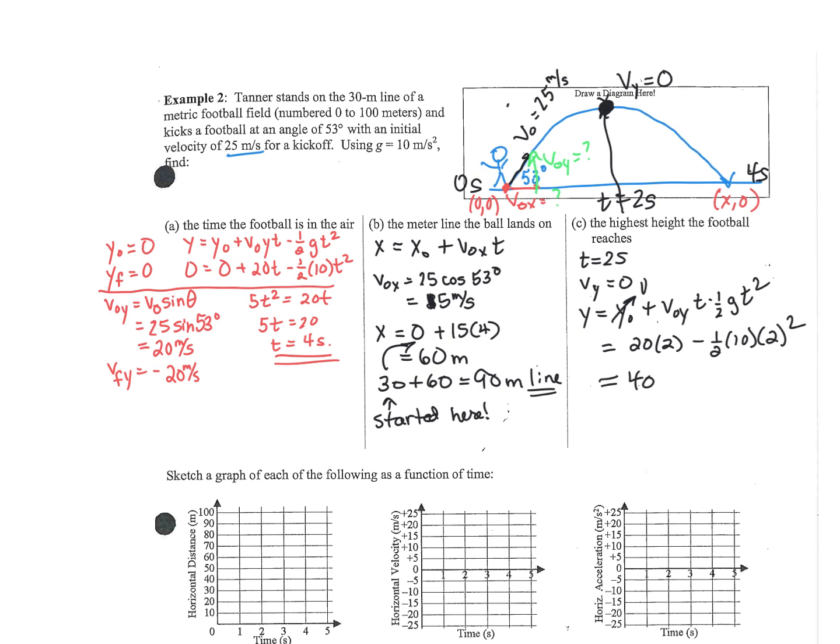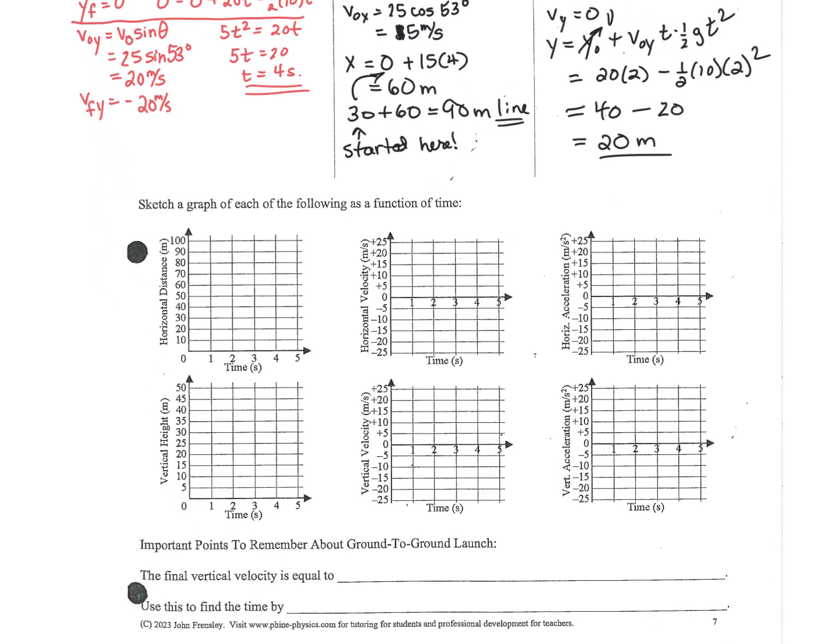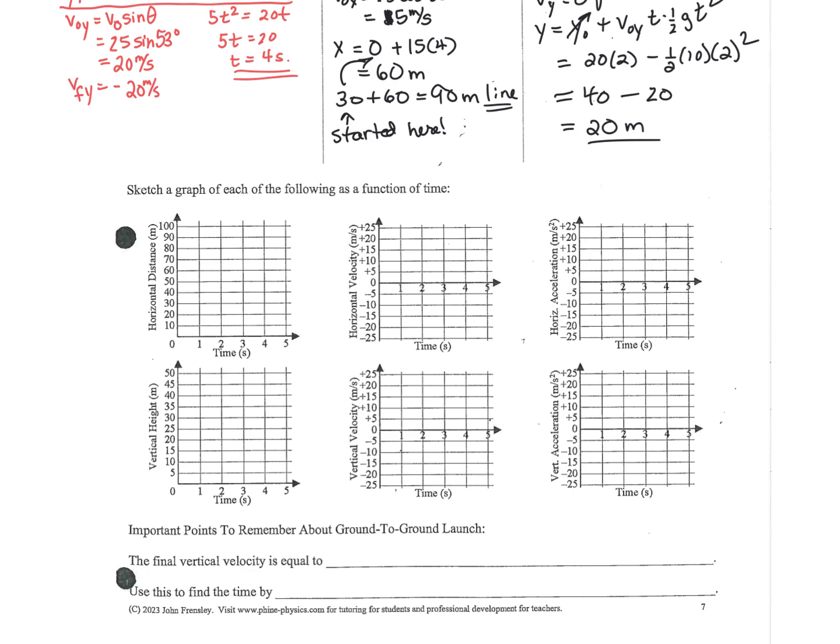So this is 40 minus half of 10 is 5 times 4 is 20. So it ends up being 20 meters is the highest the football reaches. Boom.